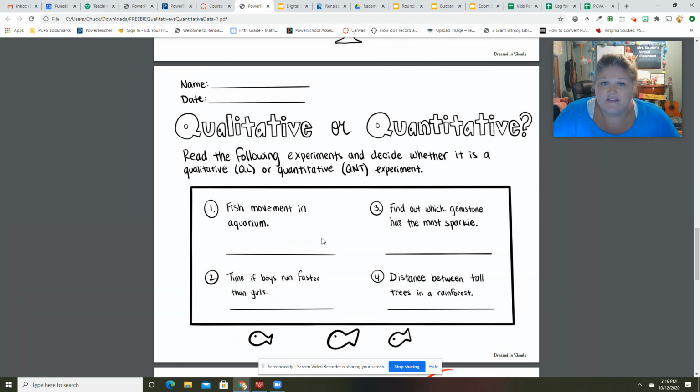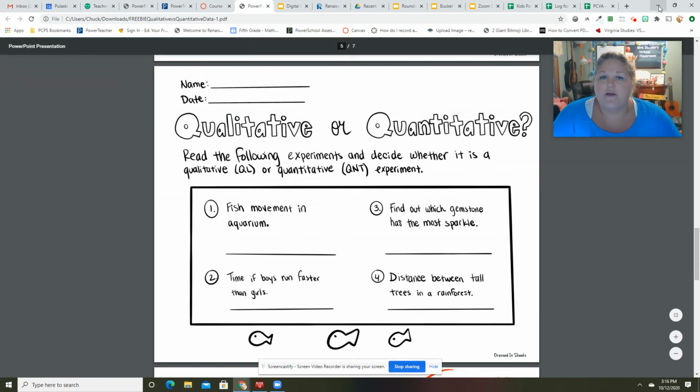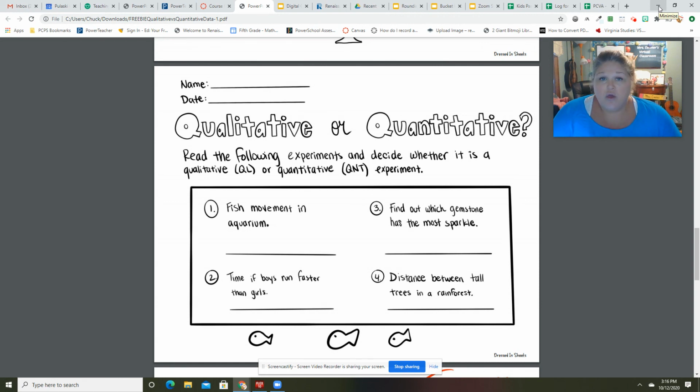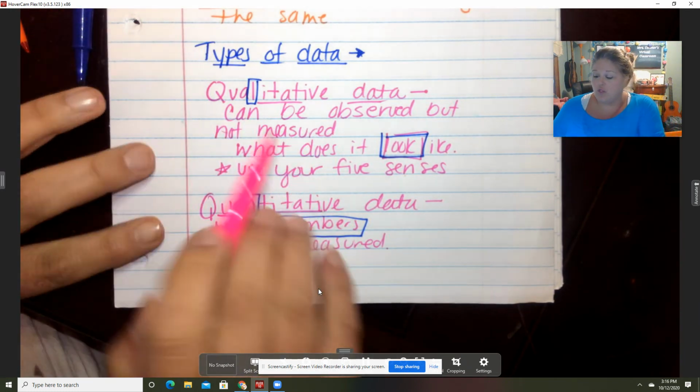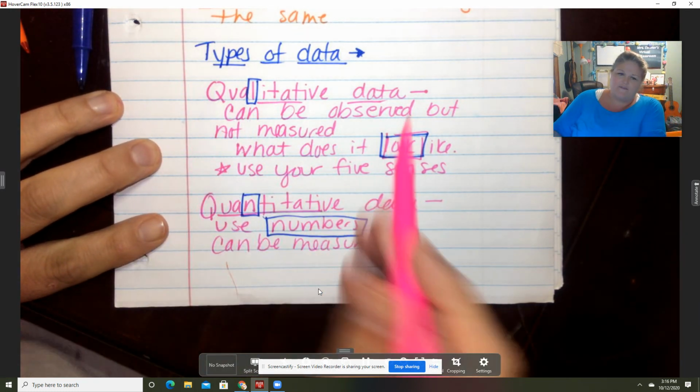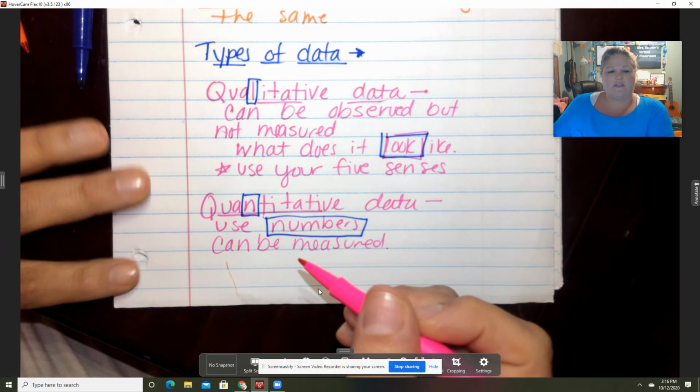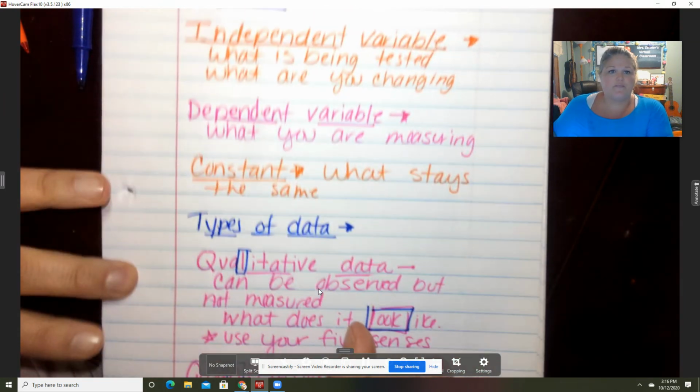So distance, that's going to be a number, and that is quantitative. All right, just remember that when we're talking about qualitative versus quantitative, you are talking about the way something looks, qualitative. And then quantitative is how you use numbers.